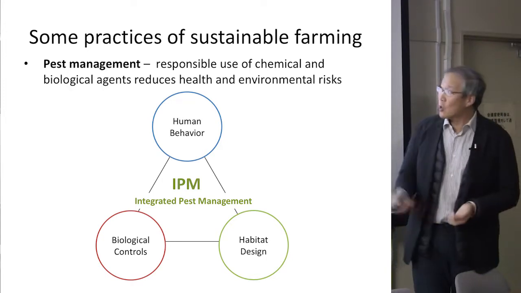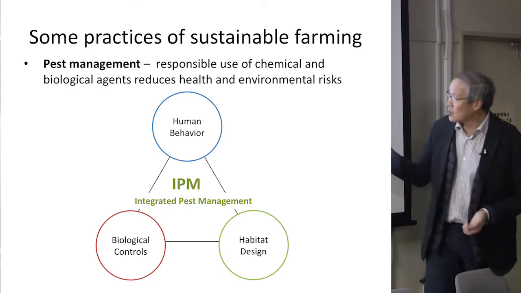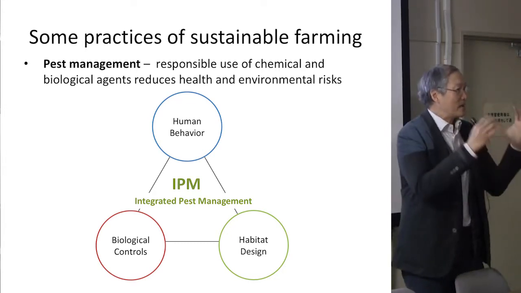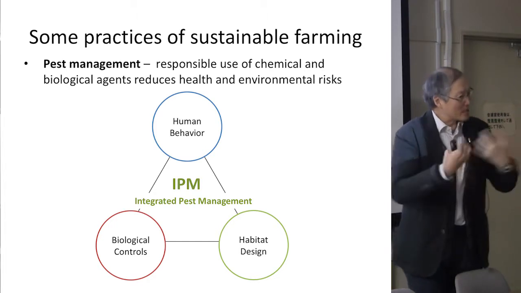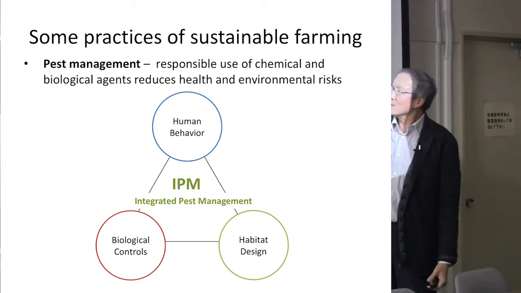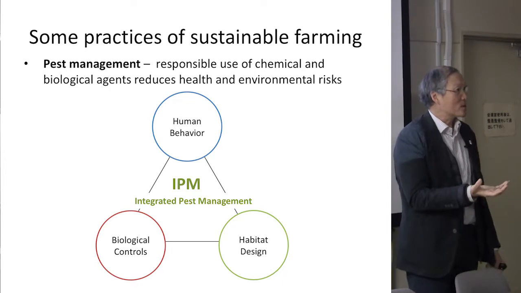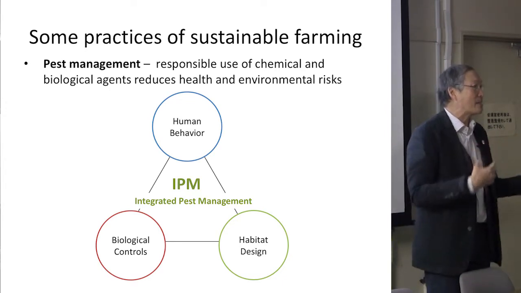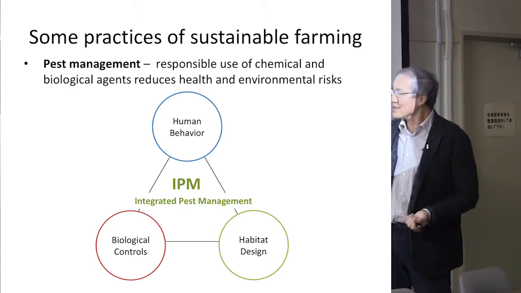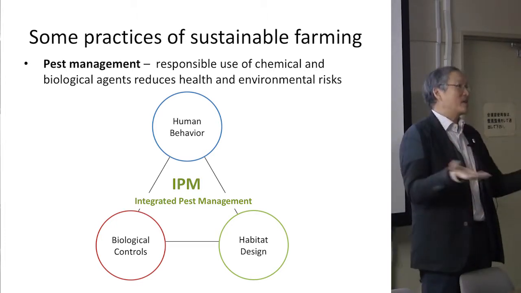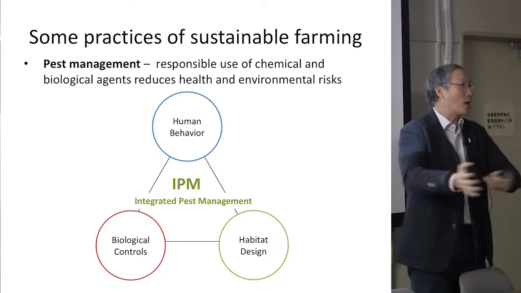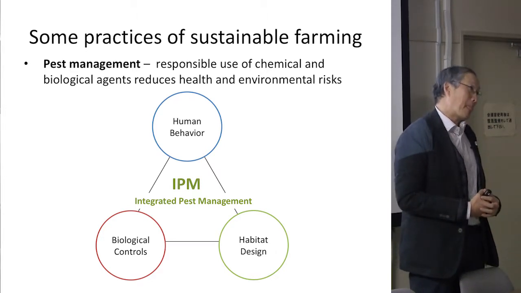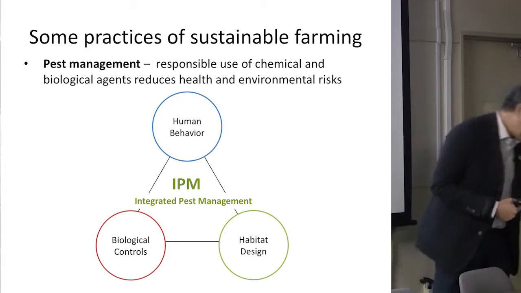So IPM simply means you need to have biological control. You need to control the bad animals that come into your farm. You need to change the behavior of people so that they will not invite the bad insects and bad animals into the farm. And you need to change the habitat design. You need to make some changes in the farm in order to prevent these pests from coming.